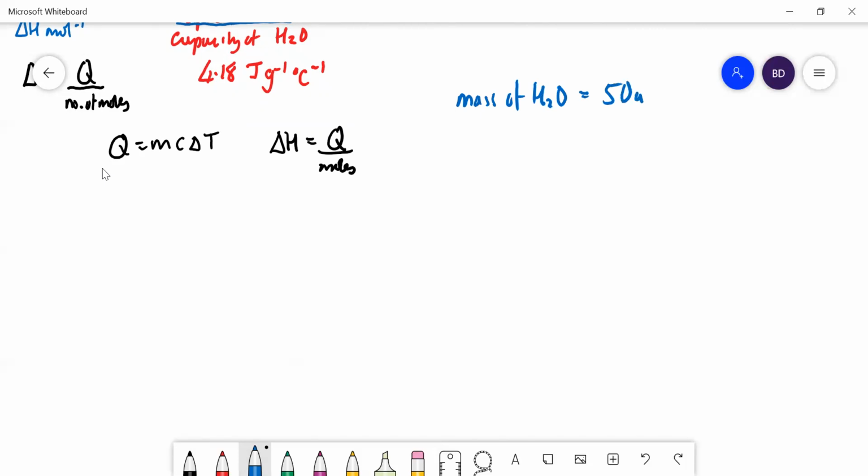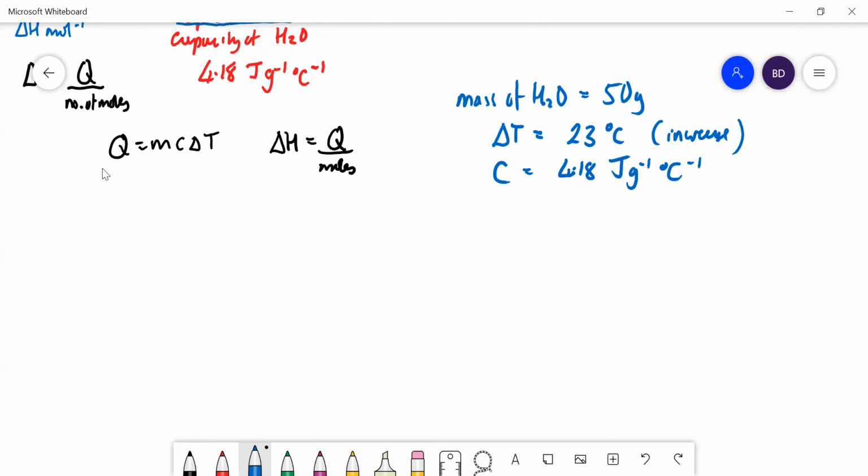We had 50 centimeters cubed in the calorimeter. The temperature went up by 23 degrees C. We're always given the specific heat capacity of water, that's 4.18 joules per gram per degree C.